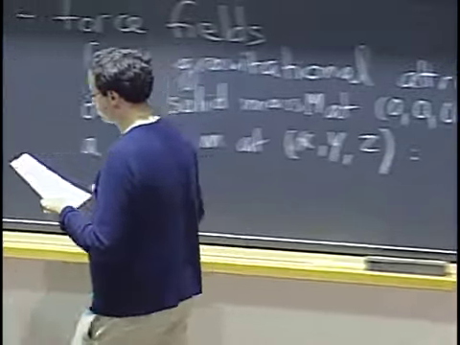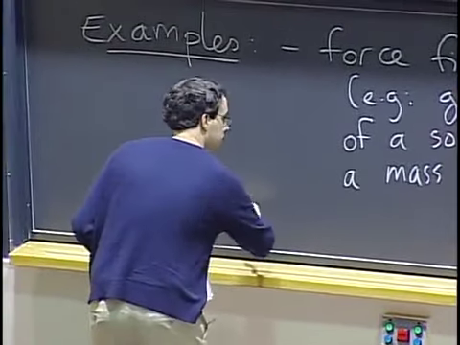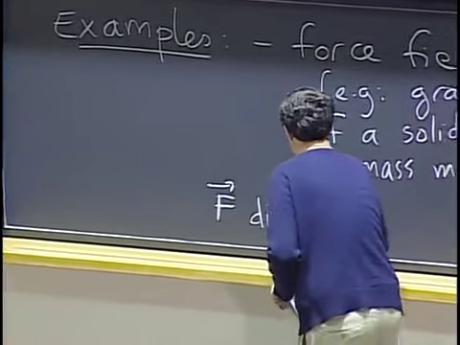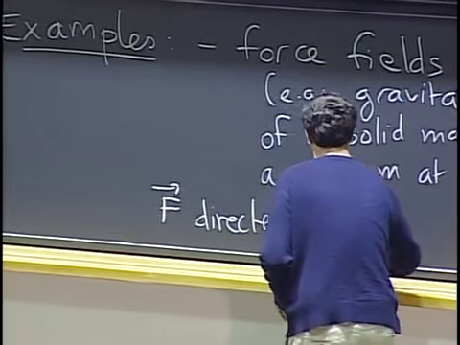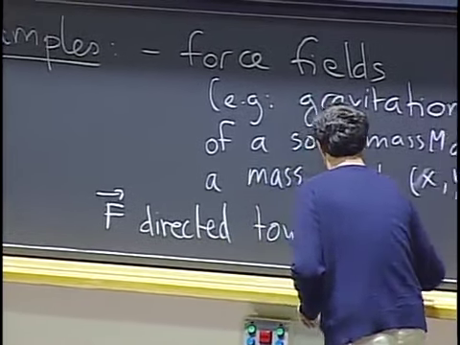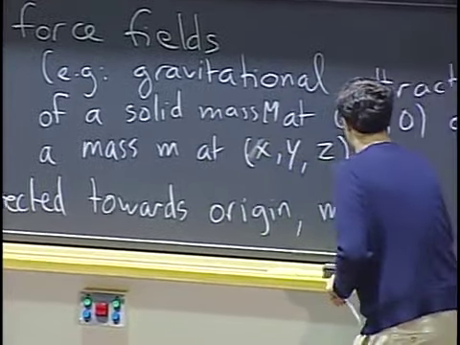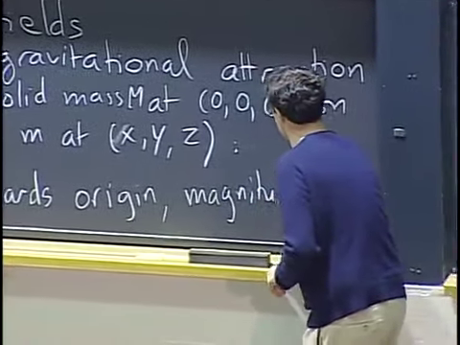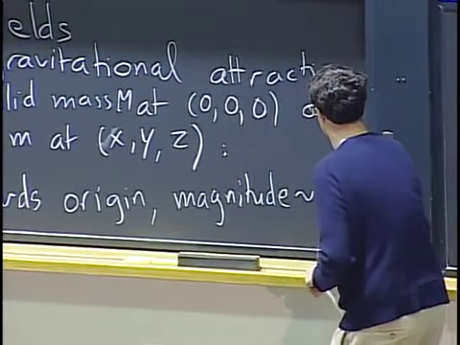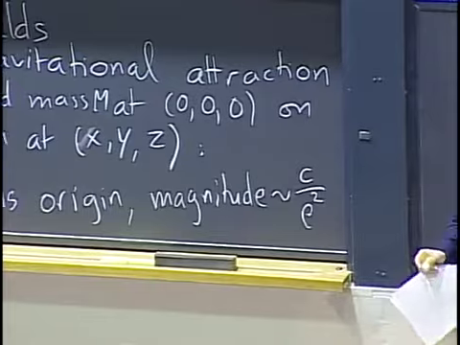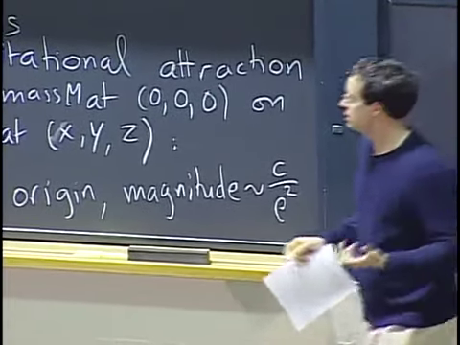Okay, so such a field would be directed towards the origin, and its magnitude would be of the order of a constant over rho squared, where rho is the distance from the origin.